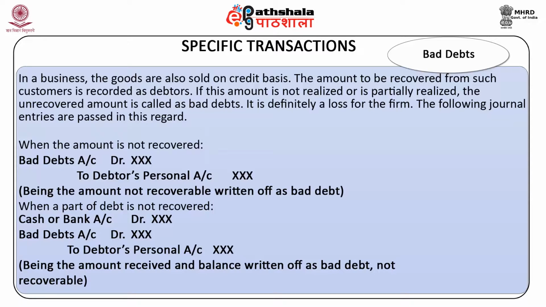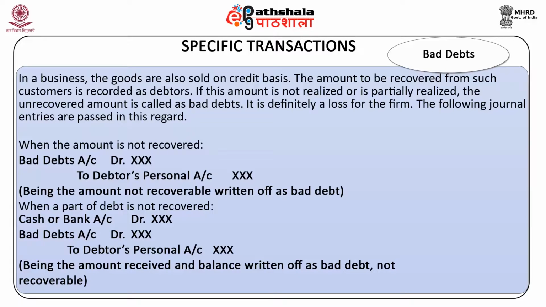It is definitely a loss for the firm. The following journal entries are passed in this regard. When the amount is not recovered, bad debt accounts are debited to the credit of debtor's personal account, being the amount not recoverable written off as bad debt.